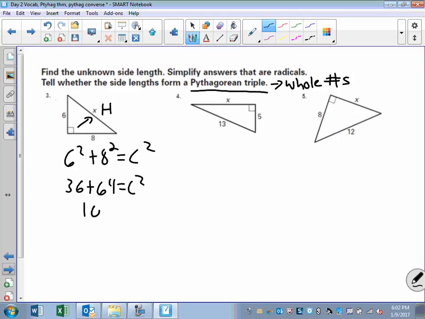That's 100 equals c squared. Take the square root. 10 equals c. So since we got 6, 8, and 10, because they're all whole numbers, yes, this is a Pythagorean triple.